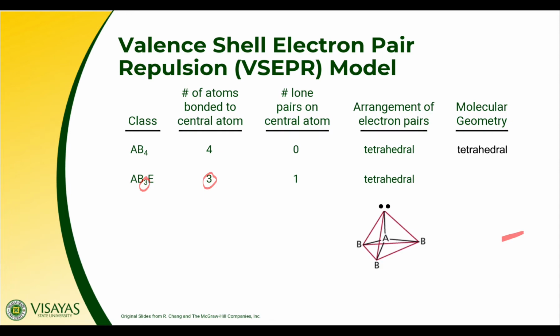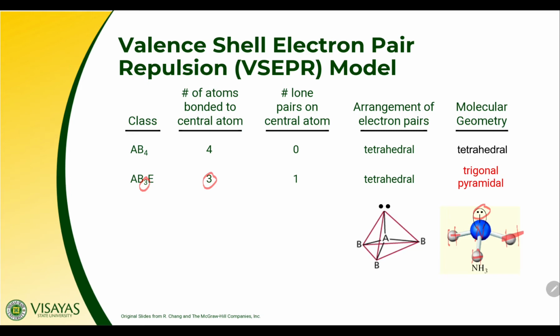The arrangement of the electron pair is tetrahedral, but if we account for the repulsion of the bonding and the lone pairs, we have a trigonal pyramidal molecular geometry for AB3E. So we have, for example, ammonia. We have nitrogen as the central atom and 3 hydrogen atoms bonded to the nitrogen, and we have one lone pair on the nitrogen atom.